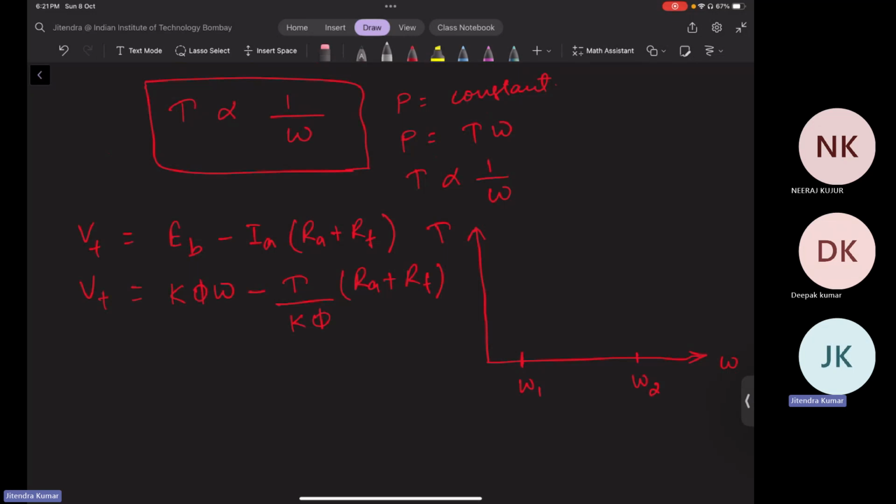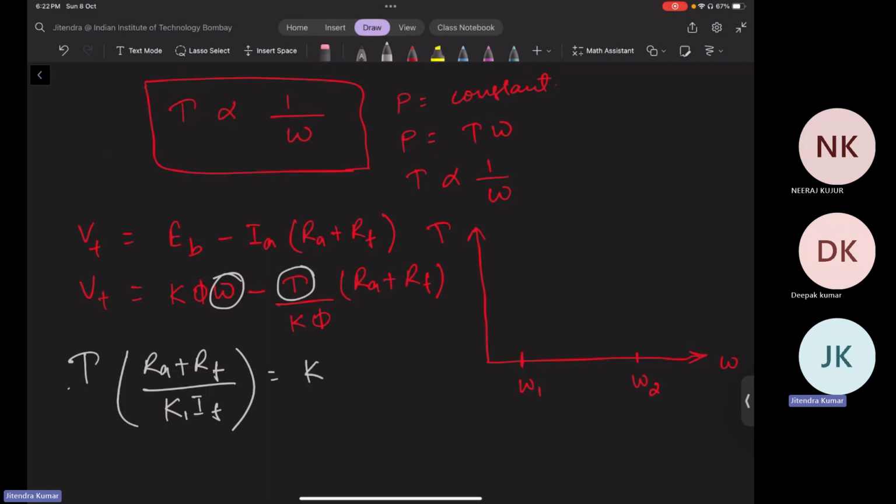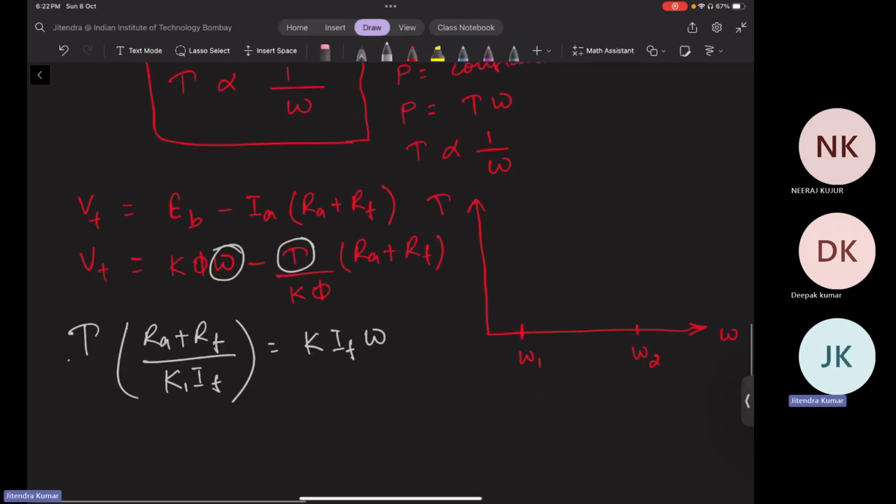Now we want to find the relationship between torque and speed. And phi is directly proportional to IF, so we can write phi as K1 IF. Let me bring the torque component to the left hand side, divided by K into IF, equals K IF into omega minus Vt.